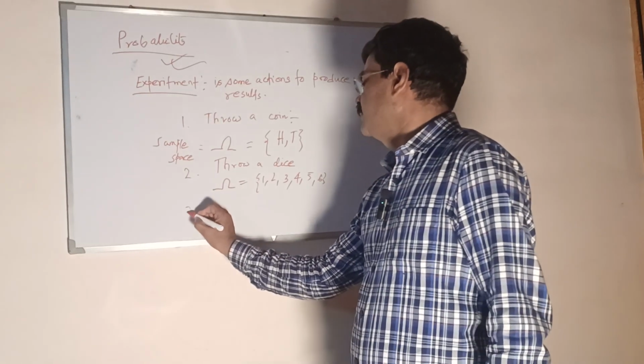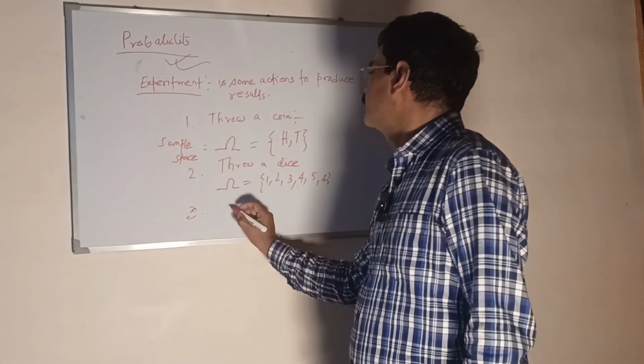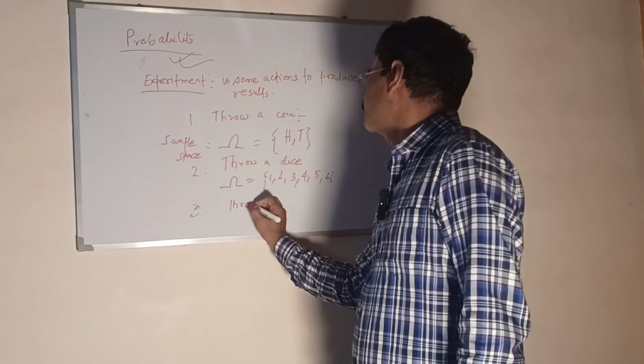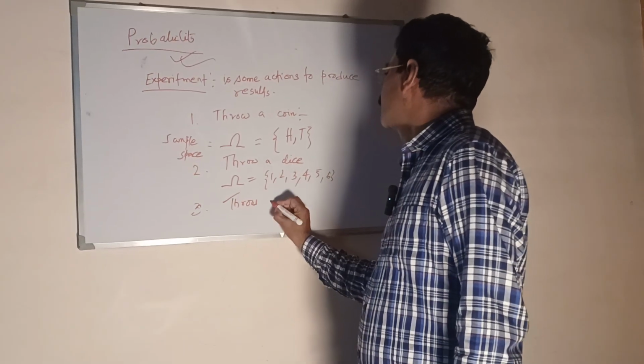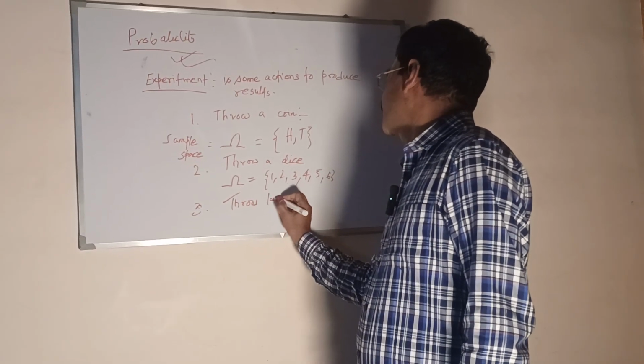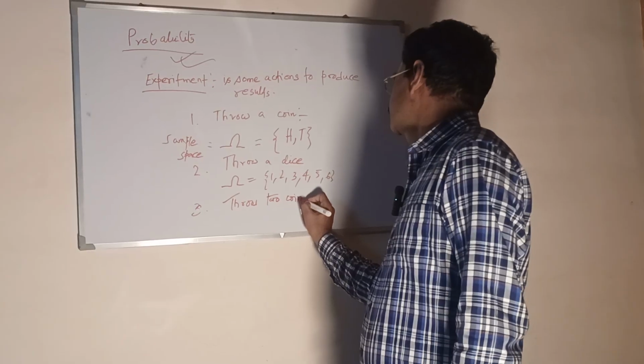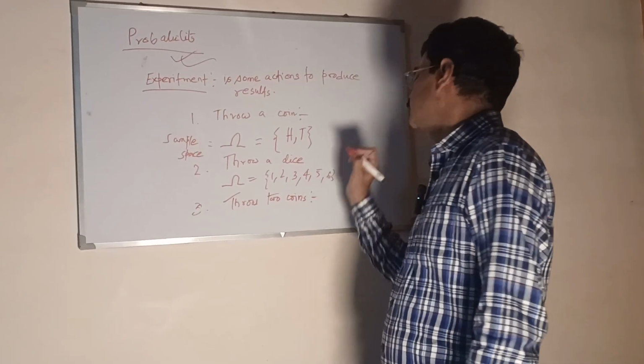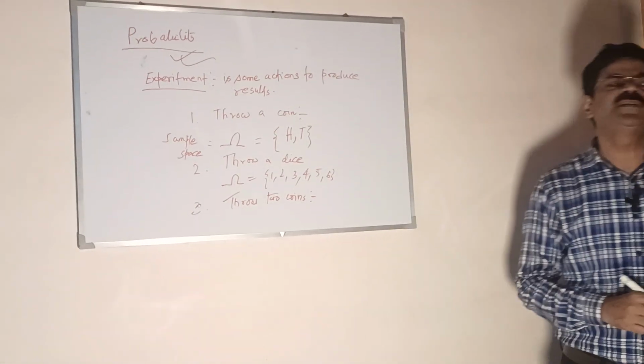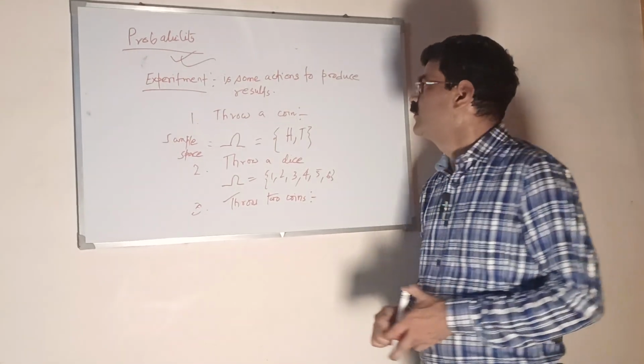Experiment number 3, throw 2 coins. Now we find sigma, the sample space, for that.